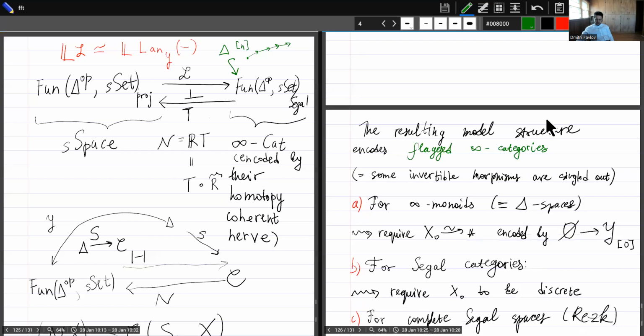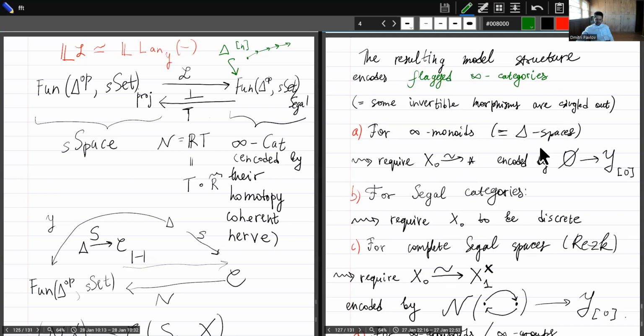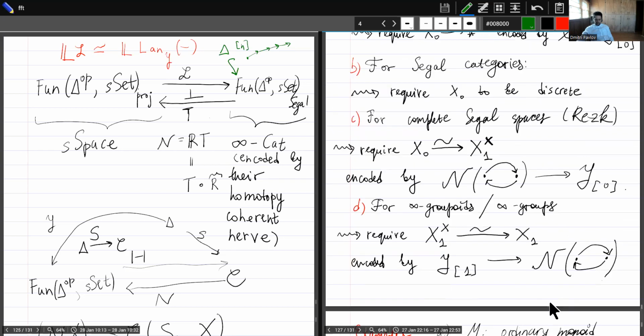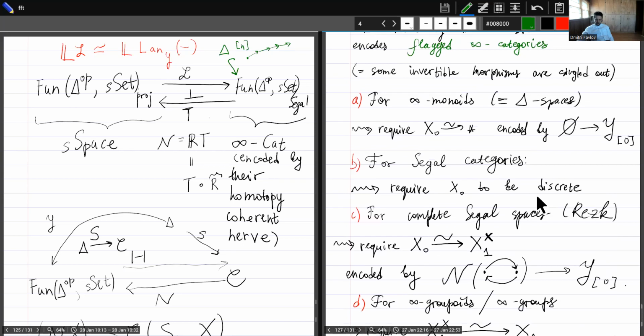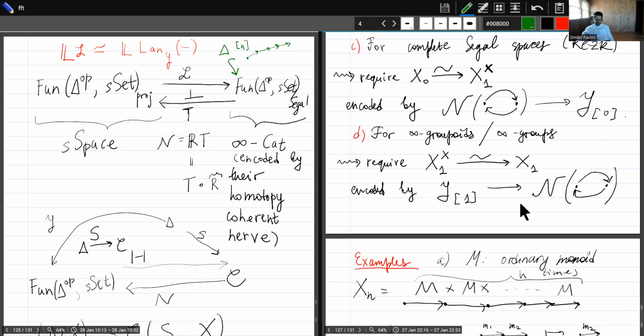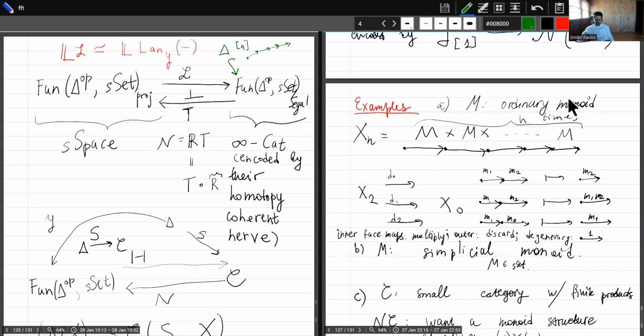All right, so next time we are going to further refine this discussion and actually define infinity monoids using Segal spaces, which involves one more very simple condition. Segal categories, complete Segal spaces. We'll discuss how to encode infinity groupoids and infinity groups. All of these will be encoded by an additional morphism that you will add to your left Bousfield localizations.